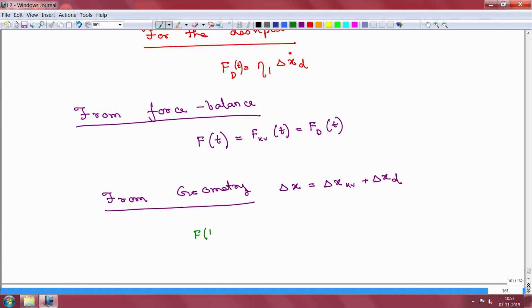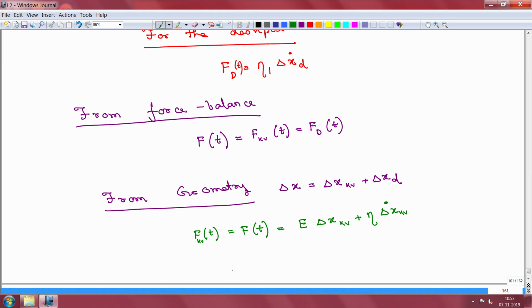So, now we have F t which kV, which is the same as the net force, is equal to E times delta x kV, and in this case I am just going to use this style. Okay.